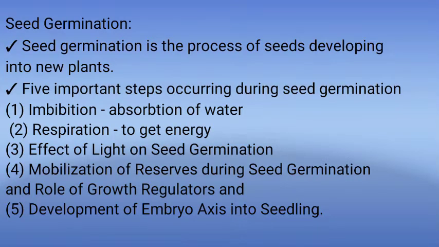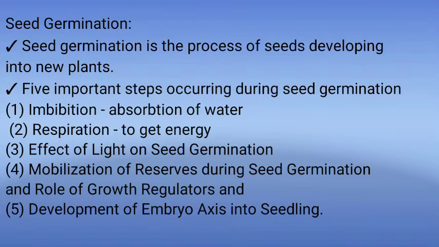Next, the effect of light on seed germination. Then mobilization of reserves during seed germination and the role of growth regulators, which means whatever energy and nutrients are present in seeds can be mobilized. Fifth one, development of the embryonal axis into a seedling.